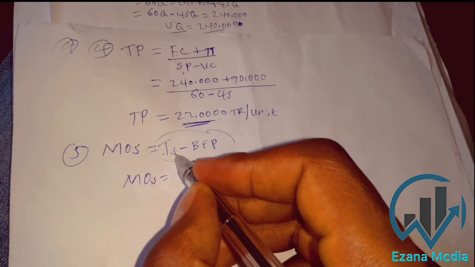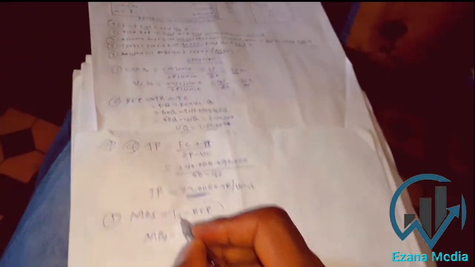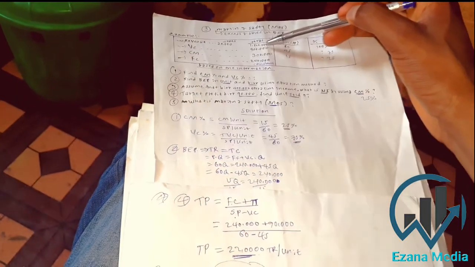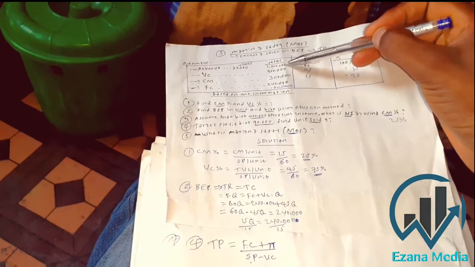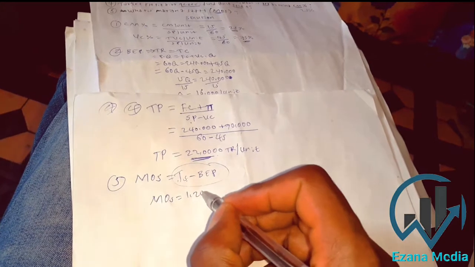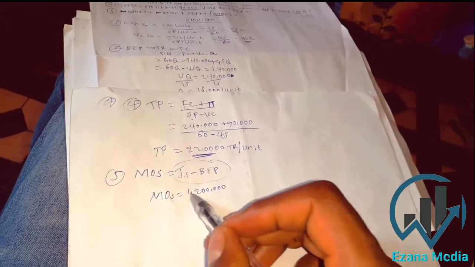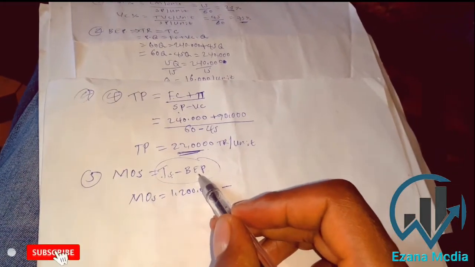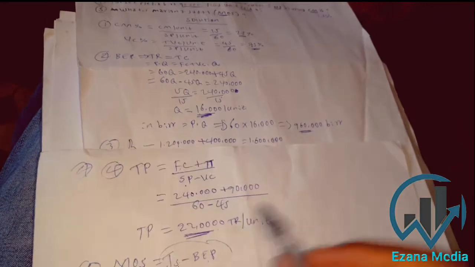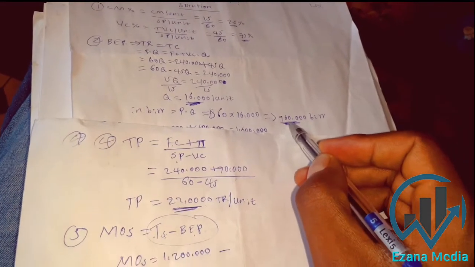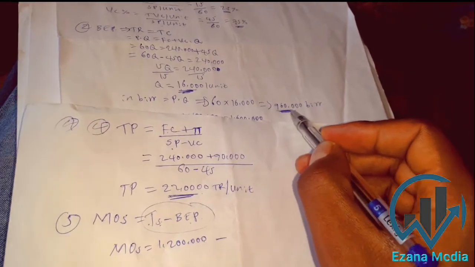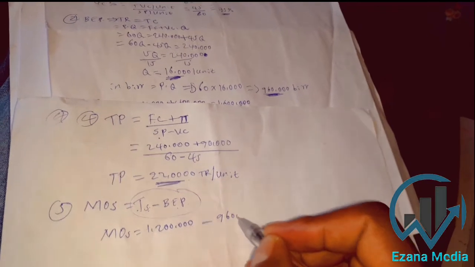MOS is equal to total sales, which is 1,200,000, minus BEP. BEP means break-even point in sales. In birr, it is 960,000. MOS is equal to 240,000 birr.